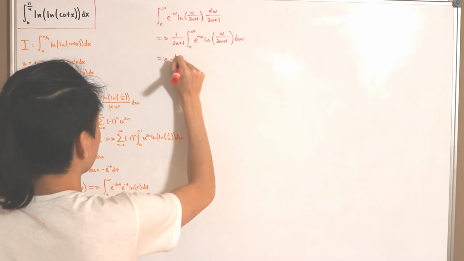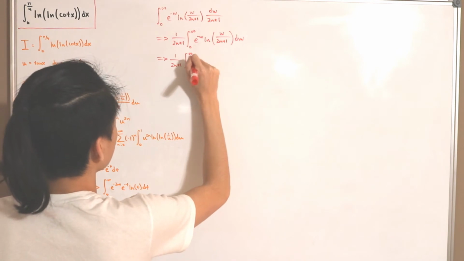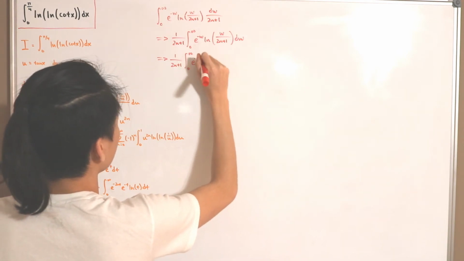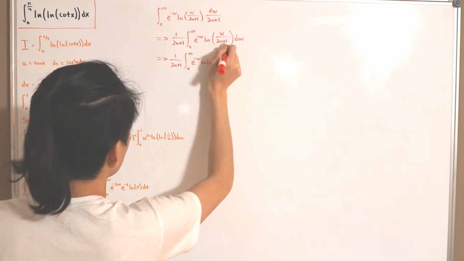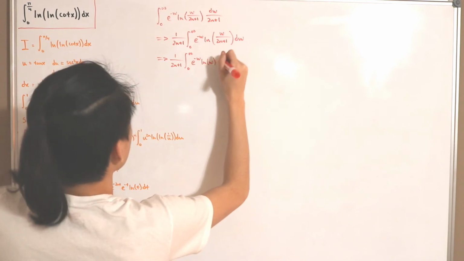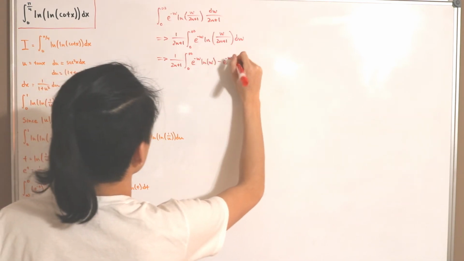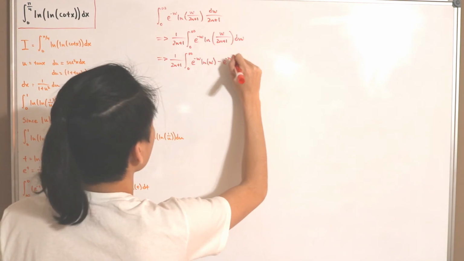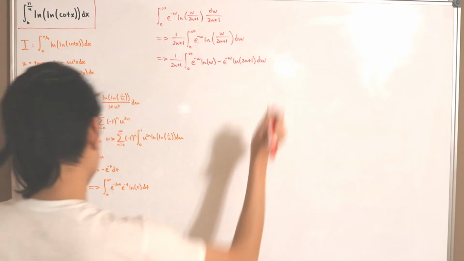So this is the integral from 0 to infinity of e to the negative w ln of w, minus e to the power negative w ln of 2n plus 1 dw.